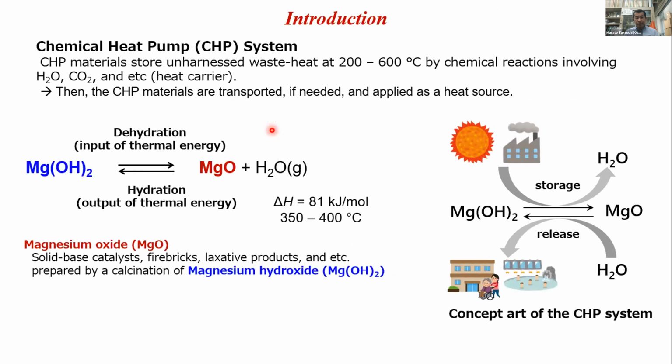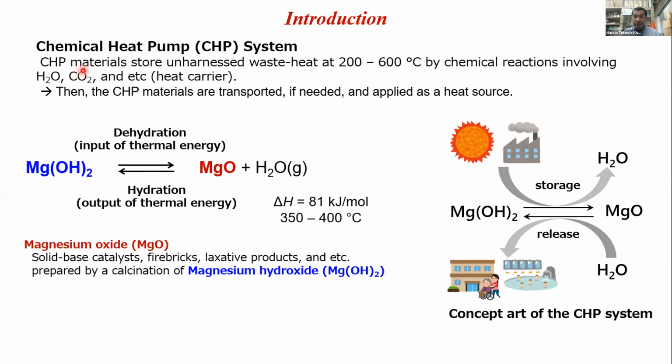Global warming and climate change due to the escalating carbon dioxide emission are serious environmental issues in recent years. To tackle these challenges, researchers have focused on the efficient and economical use of unharnessed thermal energy by using chemical heat pump systems.